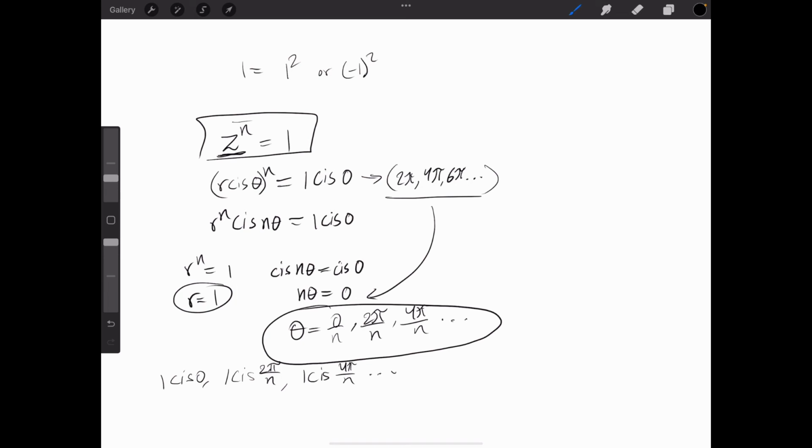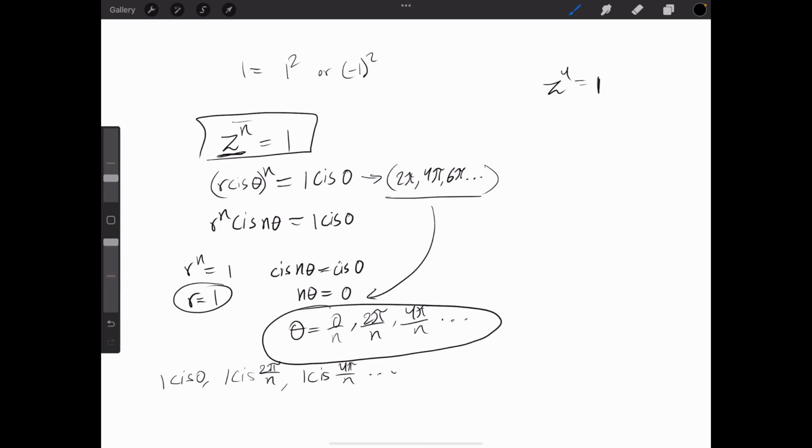And if we say we raise z to the power of 4 and try to find that equal to 1, so z to the power of 4 is equal to 1, then this equation would have 4 solutions.